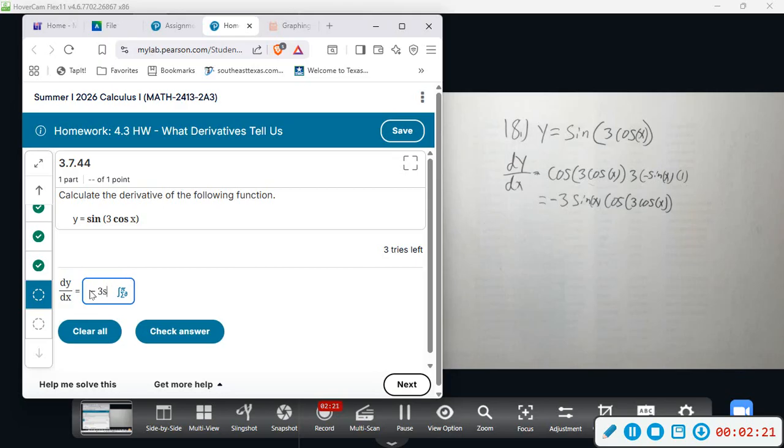Negative 3 sine of x, and then cosine of 3 cosine x.